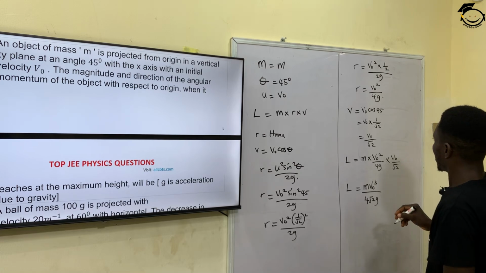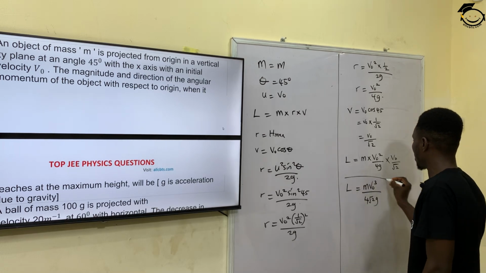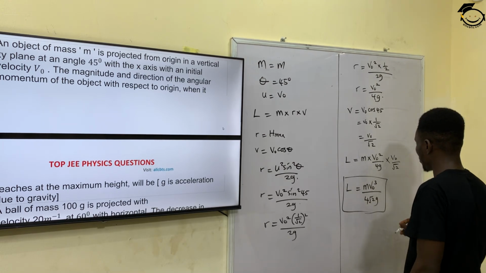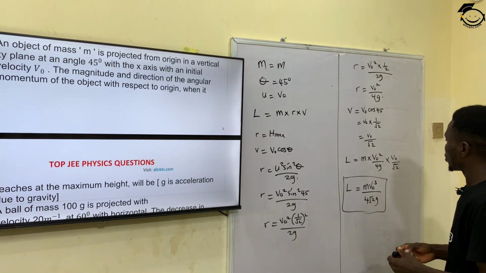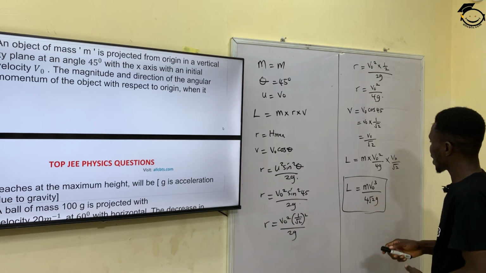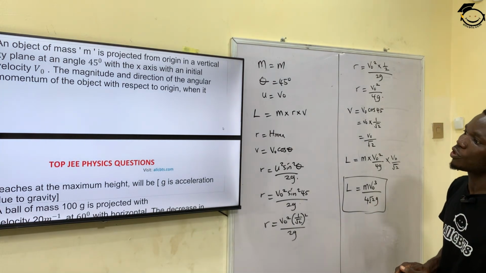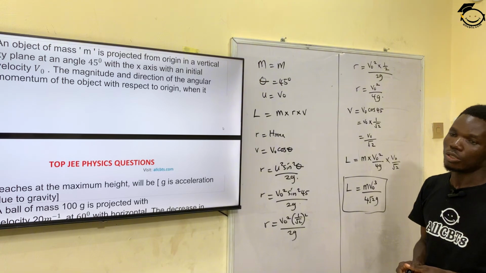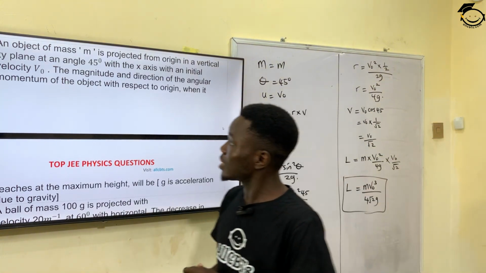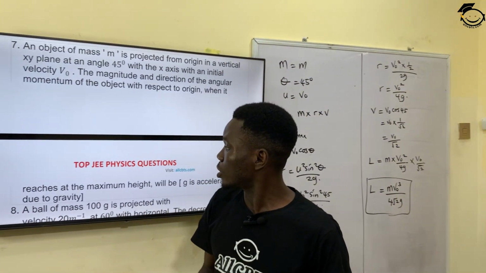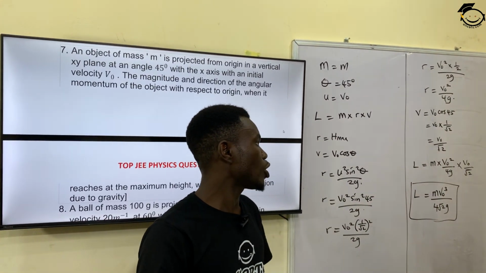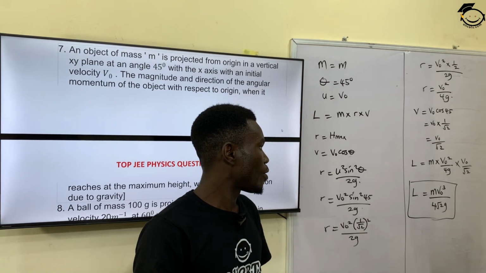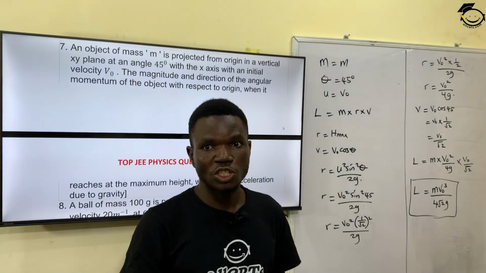So this is what we are going to get as the magnitude of our angular momentum in this question. So the final answer to this particular question is that my L is equal to v naught cube over 4 root 2g.